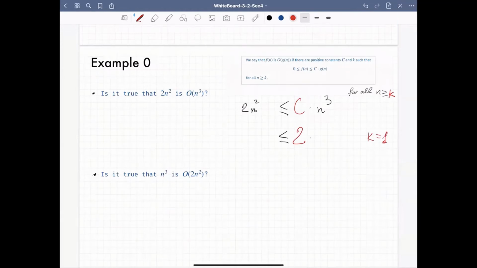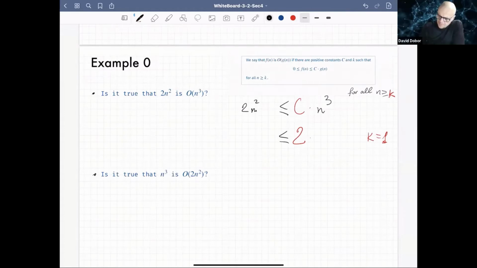So 2n cubed, because k is 1, so 1 cubed. It is certainly true that this holds for any k.